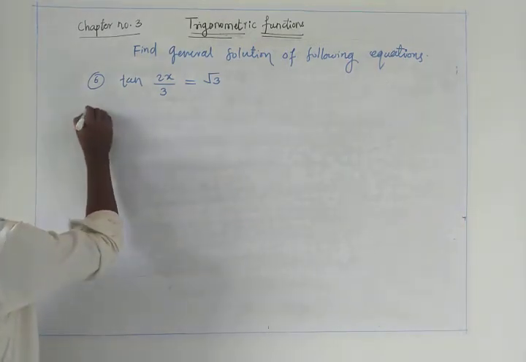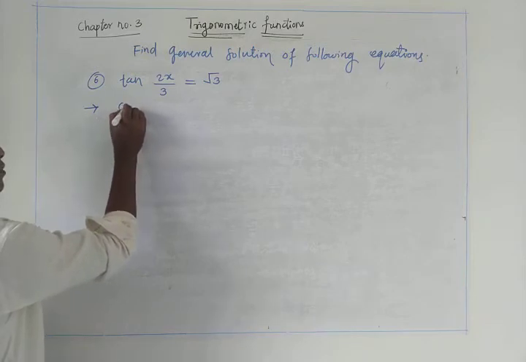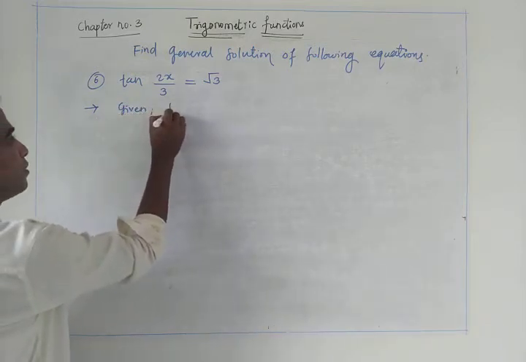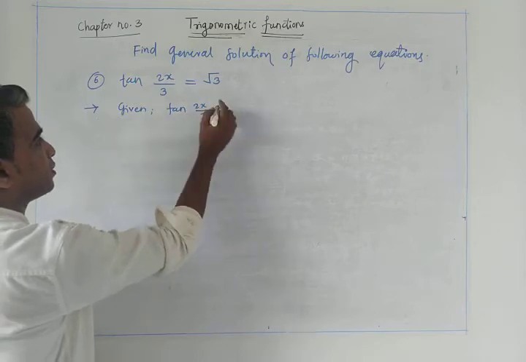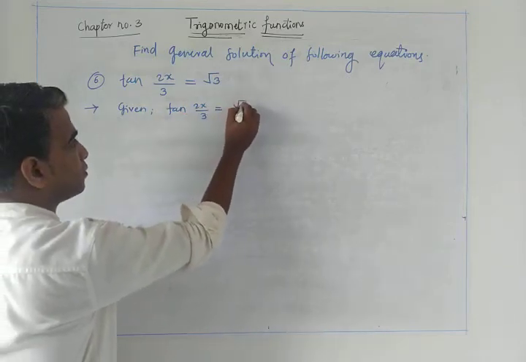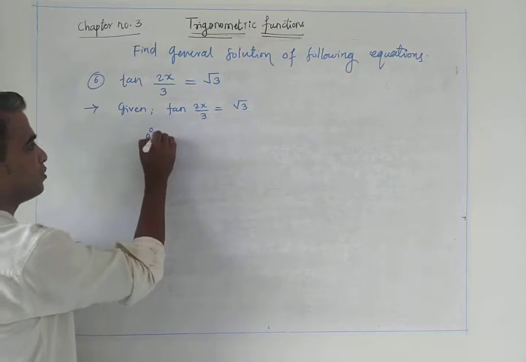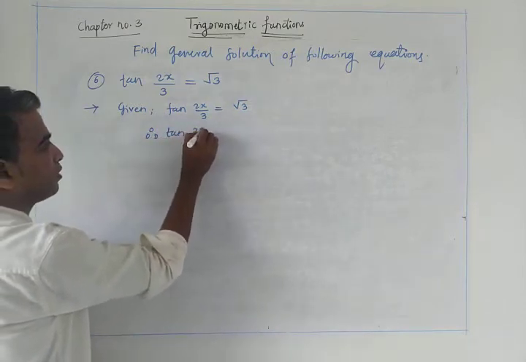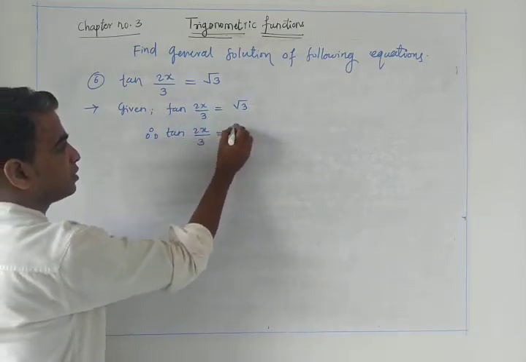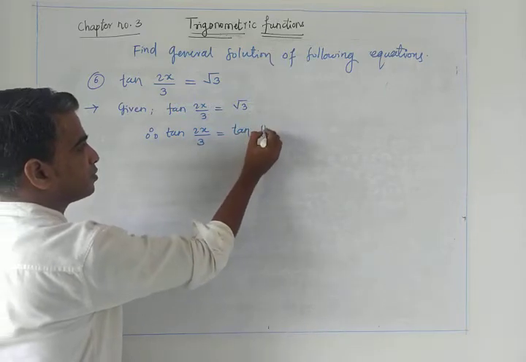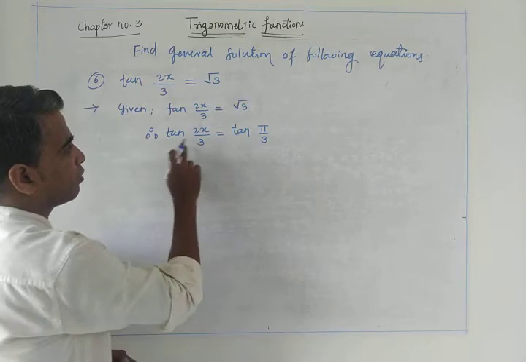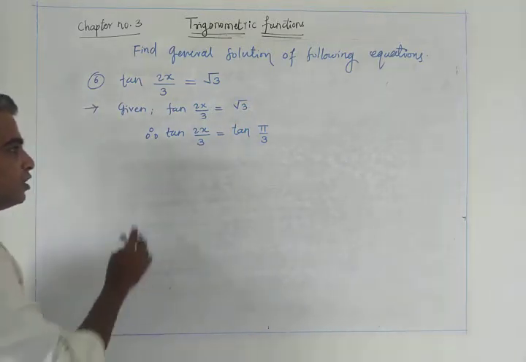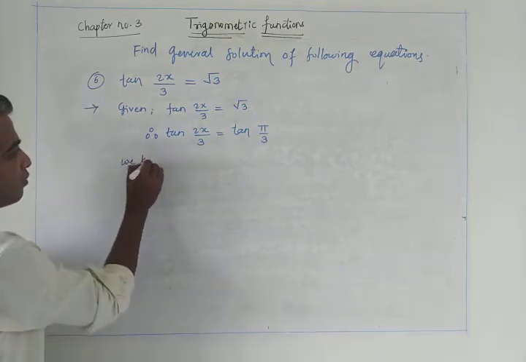So let us start with the solution. Given tan 2x upon 3 is equal to root 3. Therefore tan 2x upon 3 is equal to tan 60 degrees, that is pi by 3. And now we have tan functions on both sides, so we are going to use the tan formula.